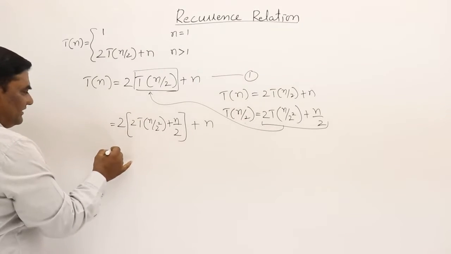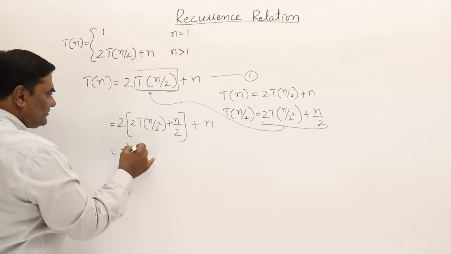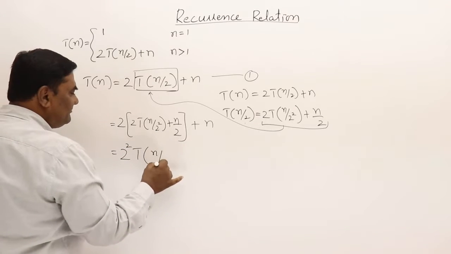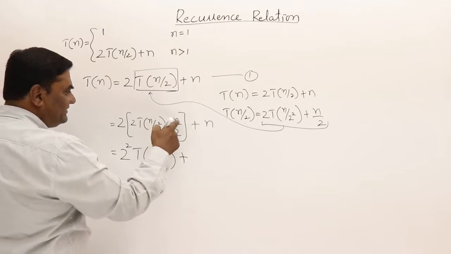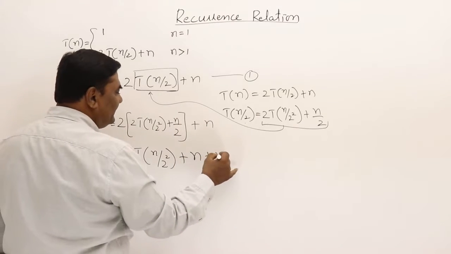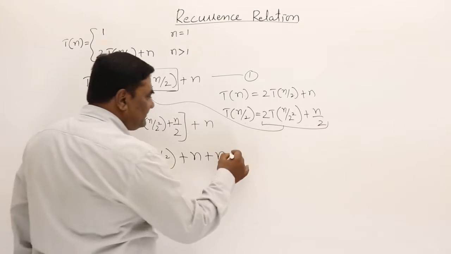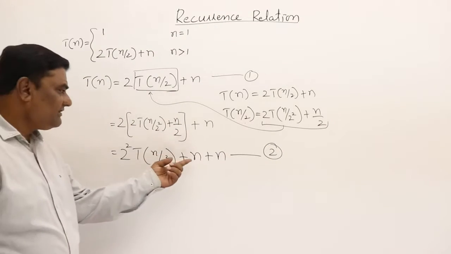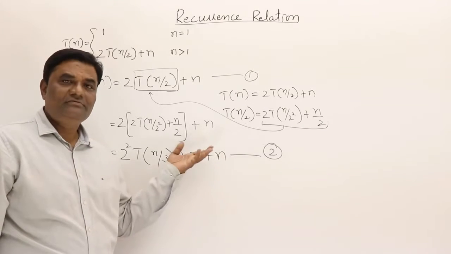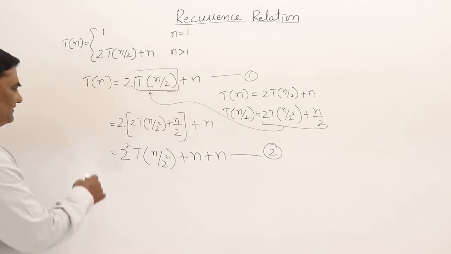Remember this. If I open this, 2² T(n/2²), the 2 gets cancelled in n/2, and n plus n. So this is the second equation. Here I can even write 2n. So n I have written it. This is T(n).